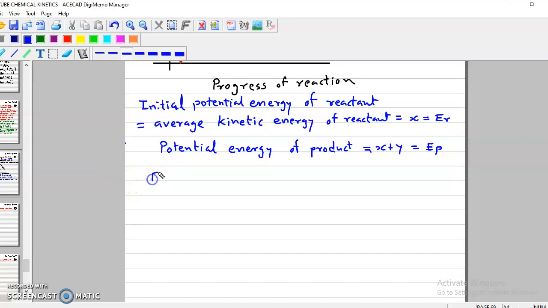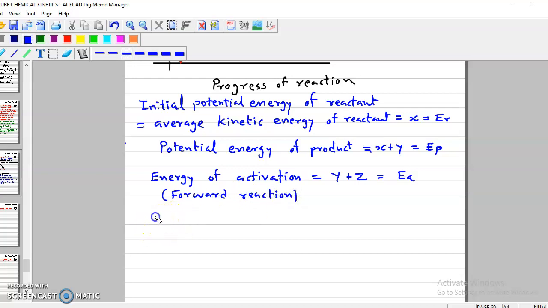Now, energy of activation is equal to Y plus Z. It is also known as EA for forward reaction, and energy of activation for reverse reaction would be Z for reverse reaction.